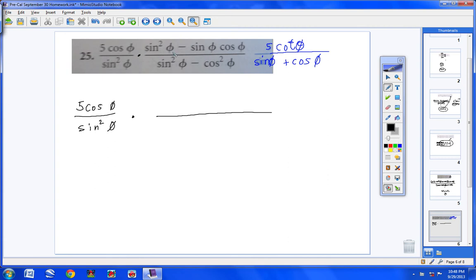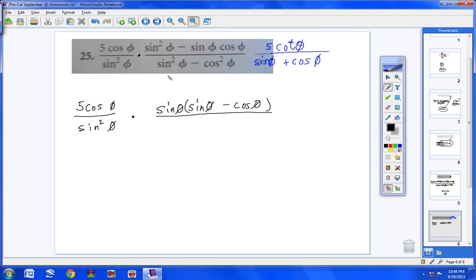I can definitely pull a sine out of there. So if I pull a sine out of both terms, I'm left with sine, and that makes sense. Sine times sine is sine squared, and then minus cosine, because sine times cosine is sine cosine.